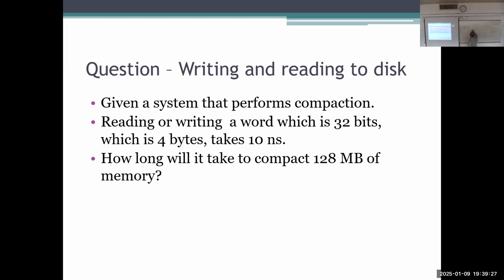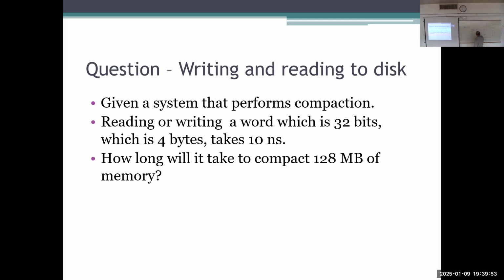It's gonna be 320 million nanoseconds. What is it? 2 to the 20th divided by 4, so it'll be 32 times 2 to the 20th units. That's how many times we have to take 10 nanoseconds.